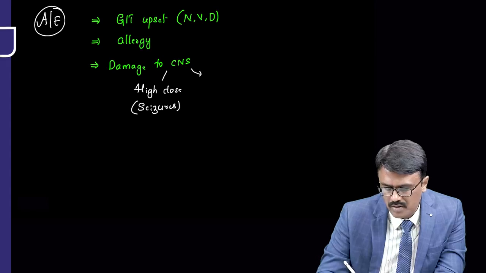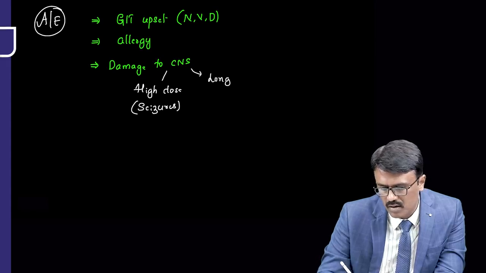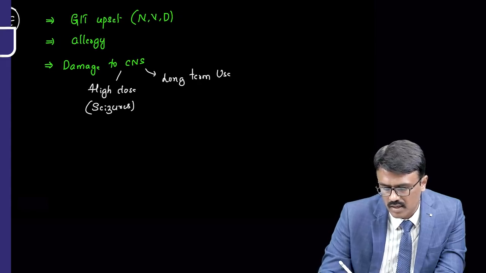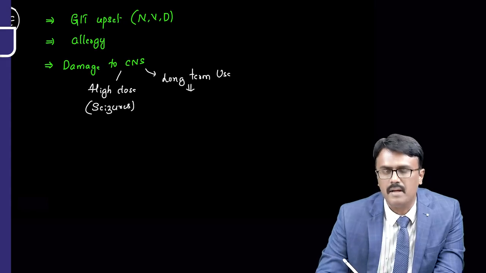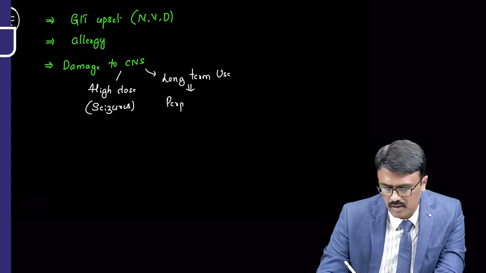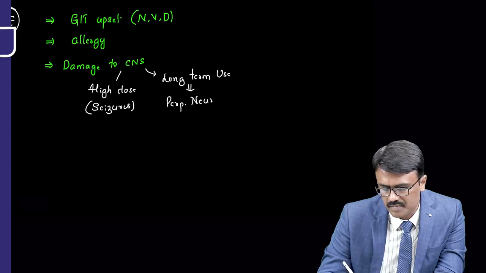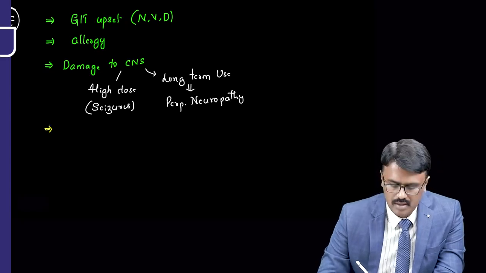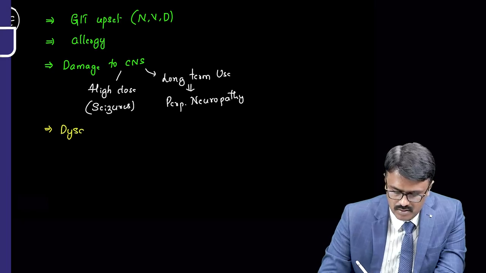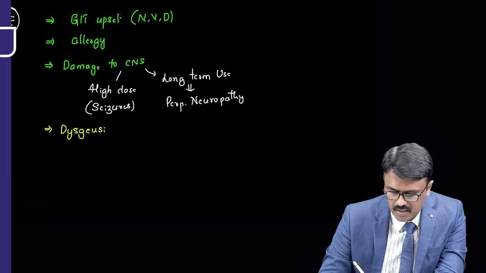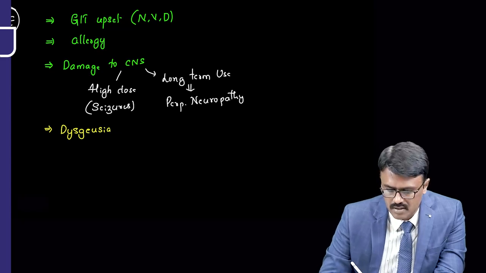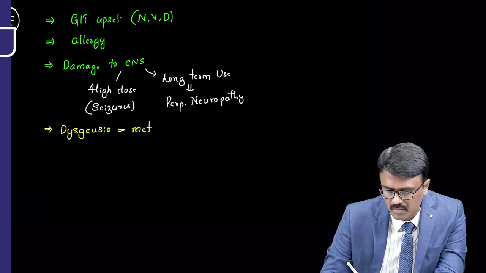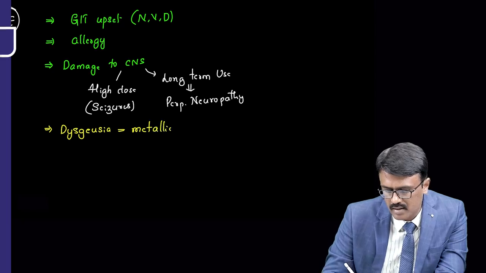Now, another important point: long-term use of metronidazole can cause neuropathy, and that is called peripheral neuropathy. Another important one, remember the D for dysgeusia, the altered taste sensation, so patients will complain of metallic taste.